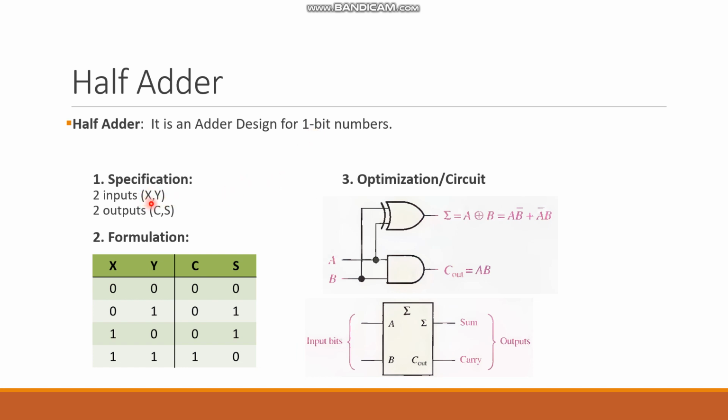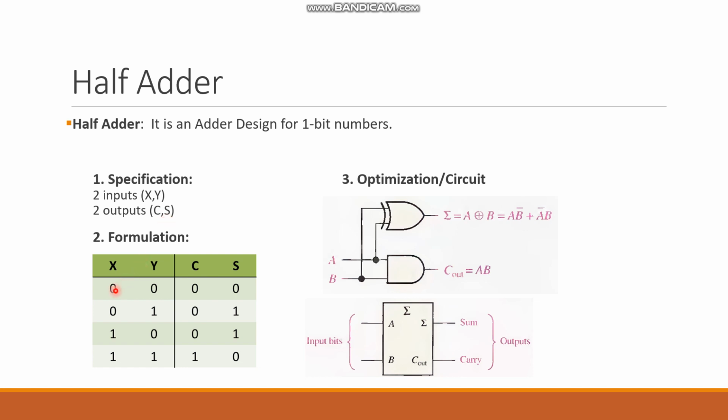It has two inputs, x and y, and two outputs, c and s. x and y are the two numbers we are going to add together. For example, x may be 0, y may be 0; x may be 0, y may be 1; 1, 0; 1, 1. Each number is only 1 bit at any given time. The outputs are the carry and the summation.